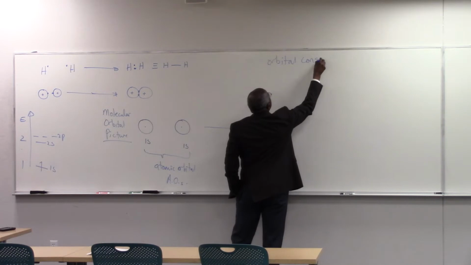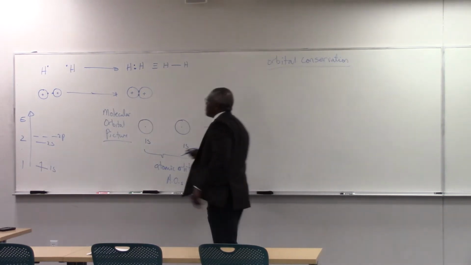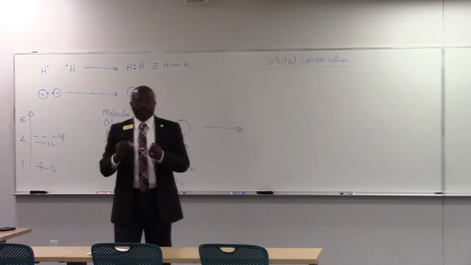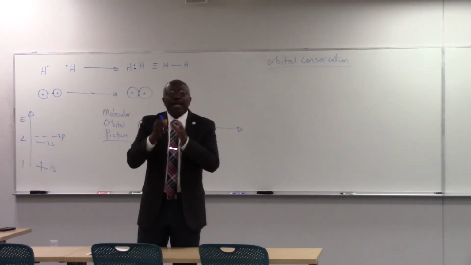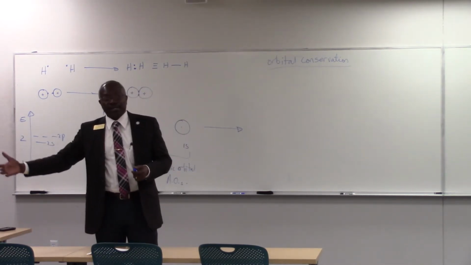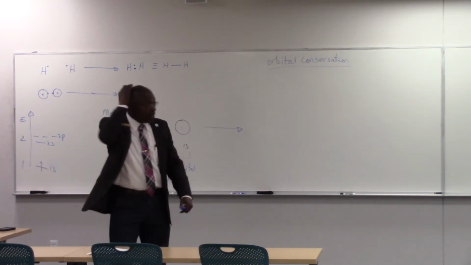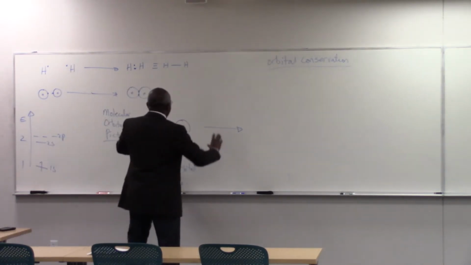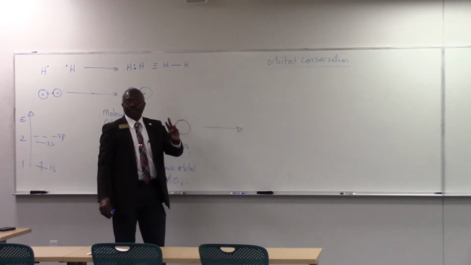The idea is that the number of orbitals I put in must equal the number I get out. If I interact n orbitals, I will get n orbitals out. I must conserve the number of orbitals. So when I overlap the 1s and the 1s, two orbitals must form.